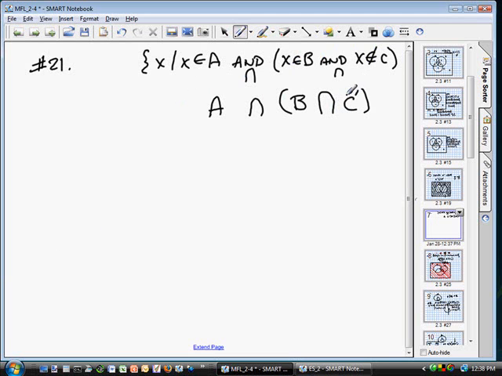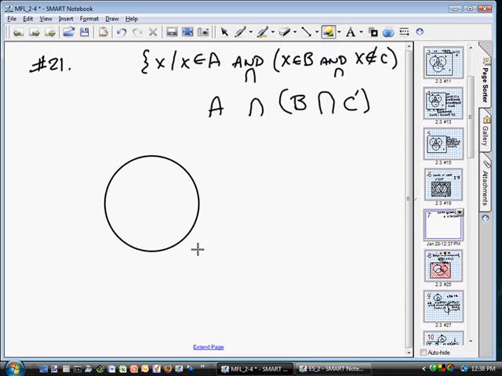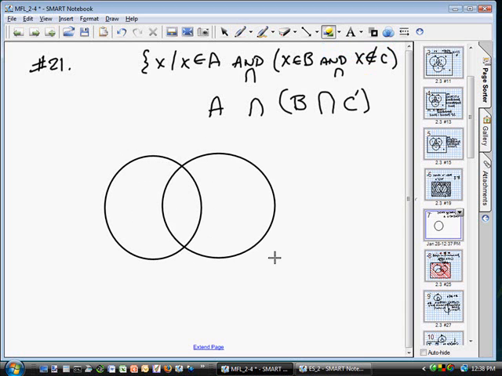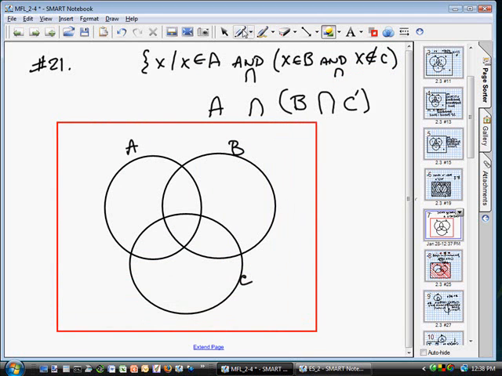So let me set up some circles here, A, B, C. And then I guess we better have a universal set, so we'll put a rectangle in there. So our universal set is sitting out here.